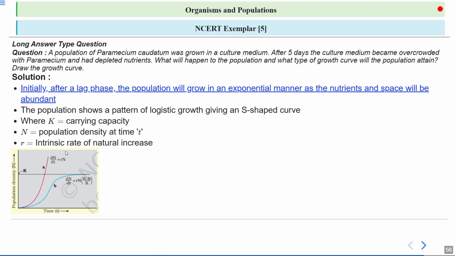When the carrying capacity is achieved, the population will stabilize. The image in A shows you exponential growth when the resources are unlimited. But here we are talking about logistic growth, which will be B, showing you the S-shaped curve.